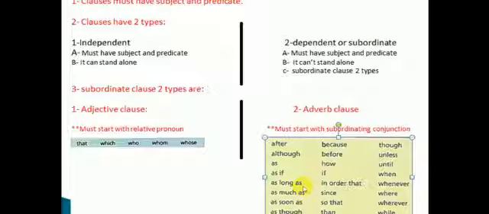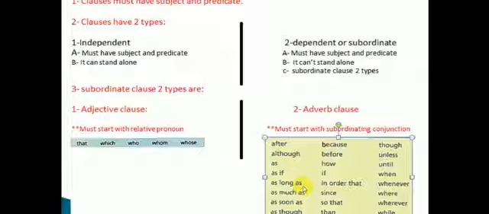All the clauses, guys, sentence, dependent or independent, subordinate, all must have a subject and predicate. Clauses are two: independent clause, which is a sentence. It doesn't need another sentence to complete the meaning because it's already completed.